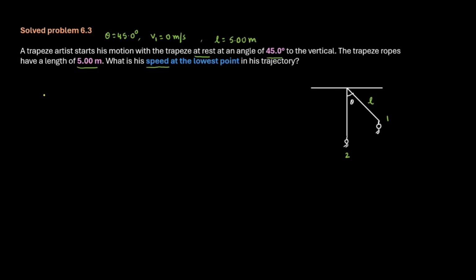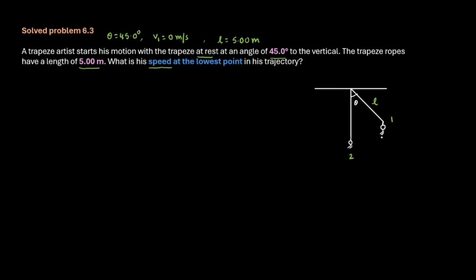To solve this problem, we are going to use the law of conservation of mechanical energy. The law says that total mechanical energy in an isolated system remains constant. That means if I have 2 points in motion, total mechanical energy at these 2 points has to be equal.